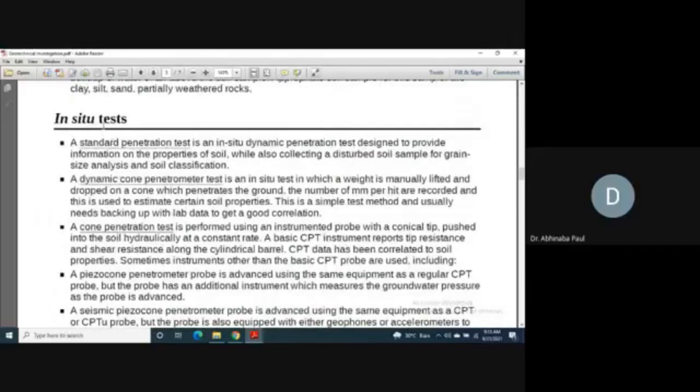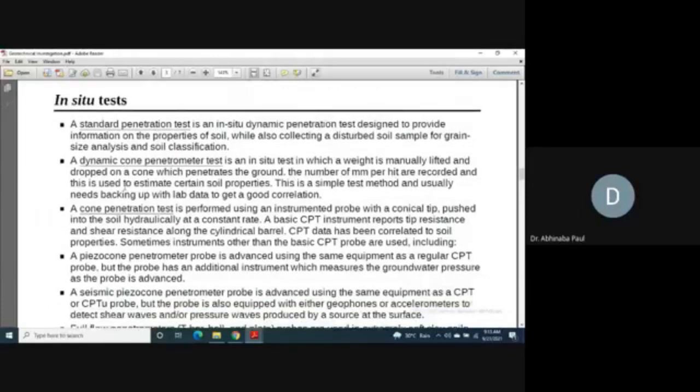Next is in situ test. In situ means at site test. So at the field itself we are going for the test. So in that we do standard penetration test. So this is actually done in the field itself. Next is dynamic cone penetration test.